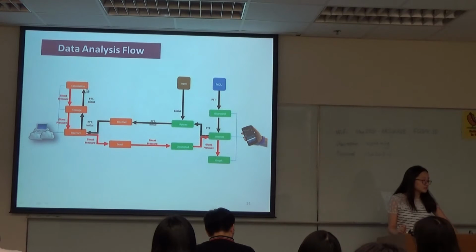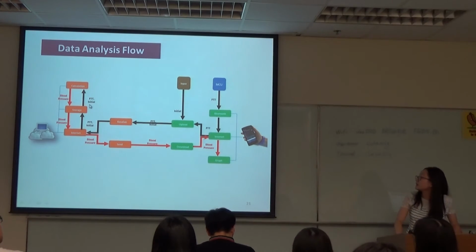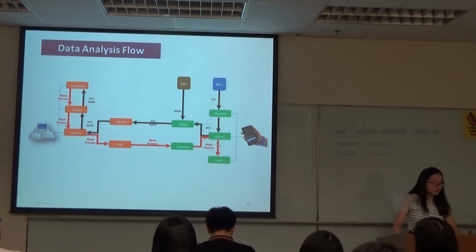And the cloud server will have the storage and calculation function and get our final result, the blood pressure. Then the cloud server will send back this result to the APP. Our APP also has a function that it will plot the blood pressure in graphs.